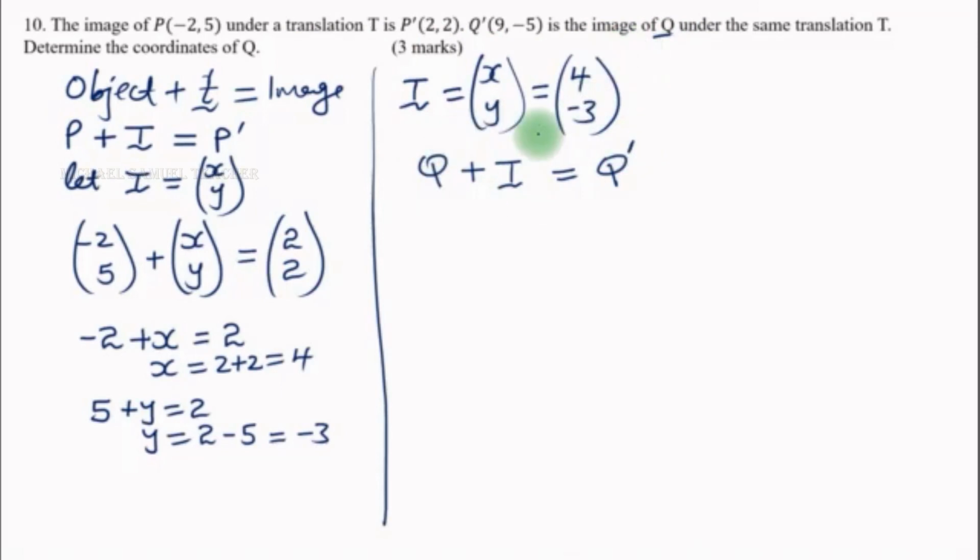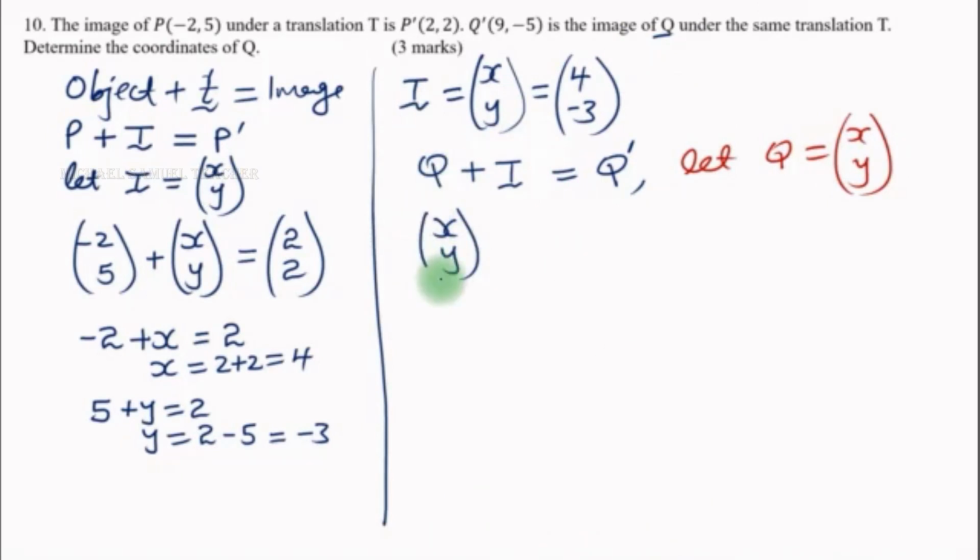Therefore, let Q be (x, y). In our case, Q is (x, y) plus the translation vector, which is (4, -3), equal to the image of Q, which is (9, -5).